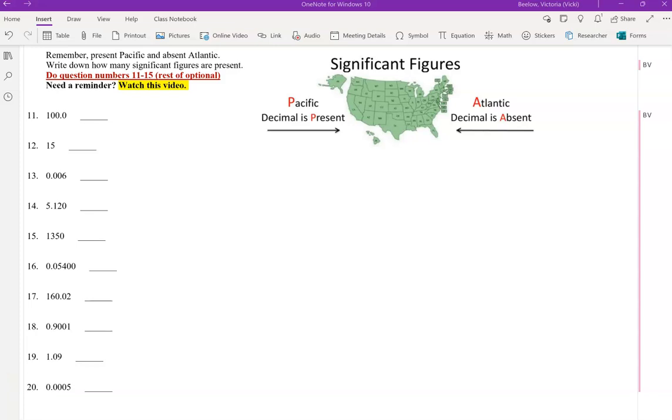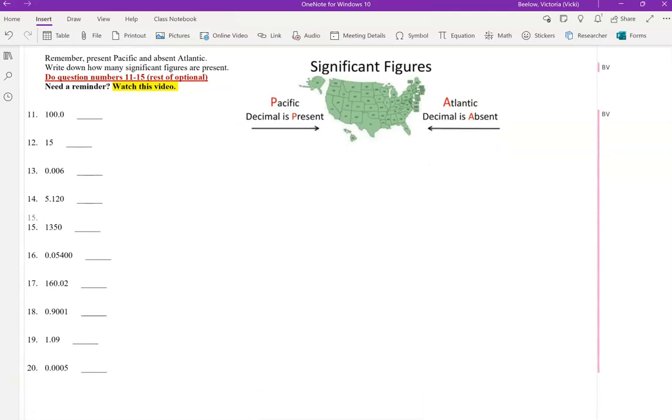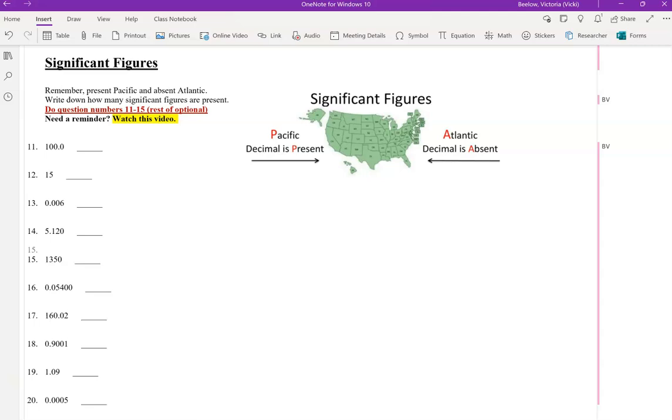In this video, I'm going to be going over questions 11 through 20 for the semester 1 review over significant figures, or what we call sig figs, which we did last semester. I just want to review this because oftentimes when we're doing anything with math in this class, I will ask you to write your answer using a specific number of significant figures.